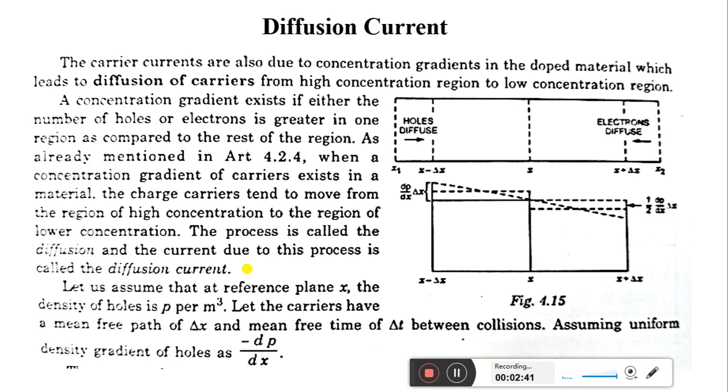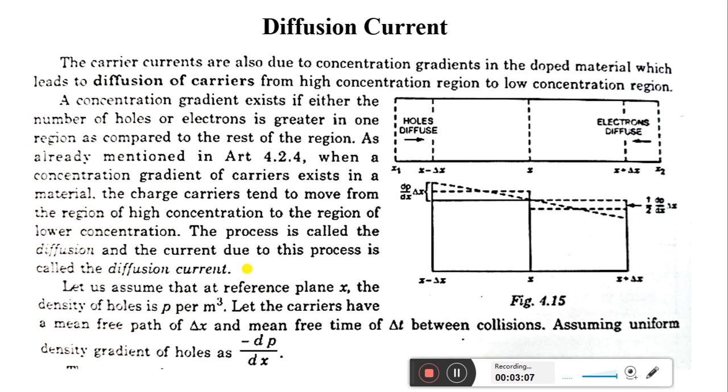We have to derive the relation here. Finally we will find out what the total current in a semiconductor material will be, because total current is the sum of the drift current and diffusion current, that makes the total current or total current density.